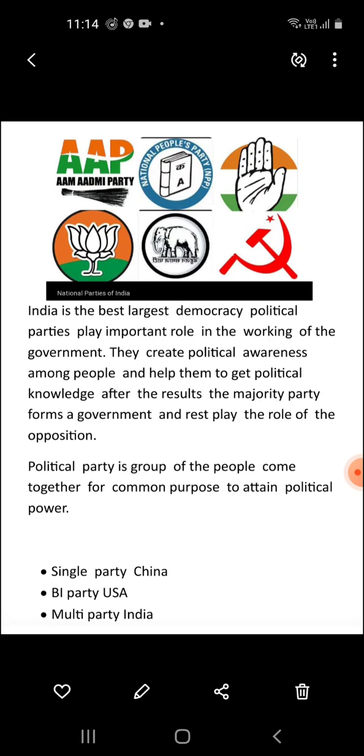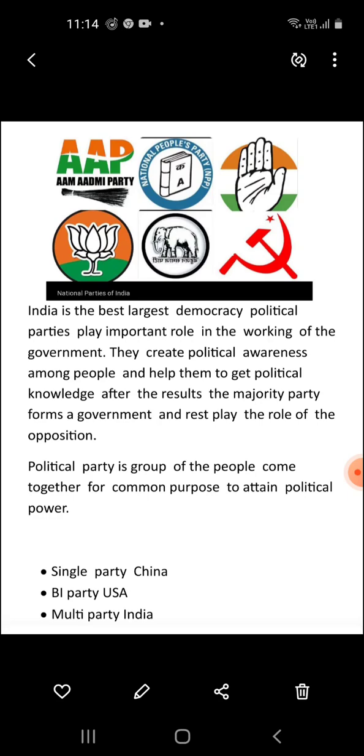They create political awareness among the voters and help them to get political education. After the election results are declared, the majority party forms the government and the rest of the parties play the role of the opposition.